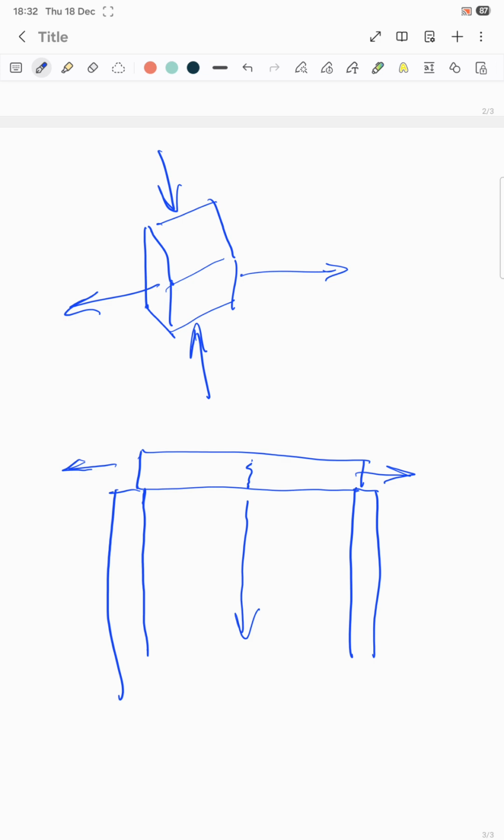So if we're to use concrete for things like bridges, which we actually see, the reason why it doesn't collapse is because it's reinforced with steel inside it. The steel itself is ridged, so it has these ridges which help lock it with the concrete, because steel has very high tensile strength but doesn't have as strong compressive strength.